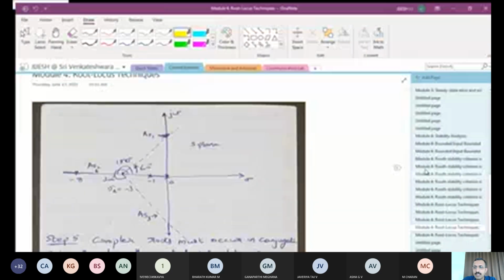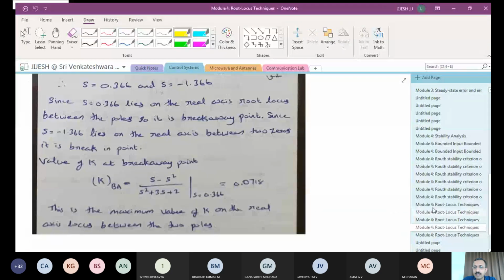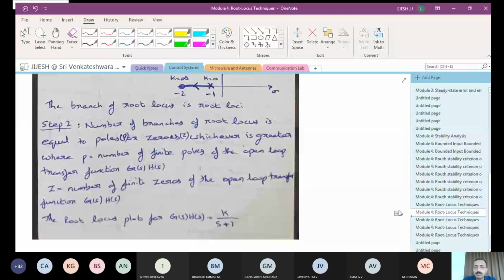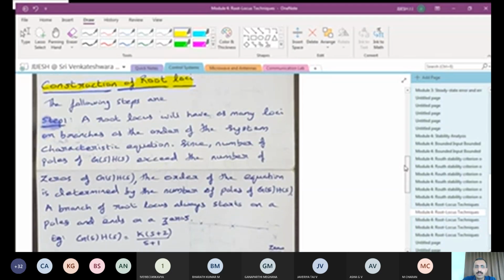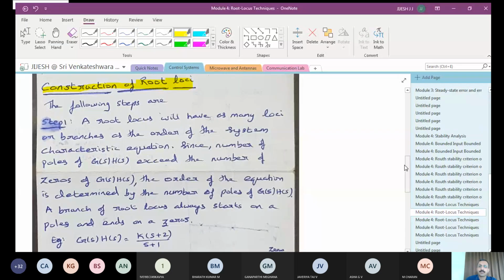We will be studying each and everything, so understand carefully how I am going to go with the construction of root locus. Today we will go with the first, second or third step. I will brief it again in the next class and we will continue further.